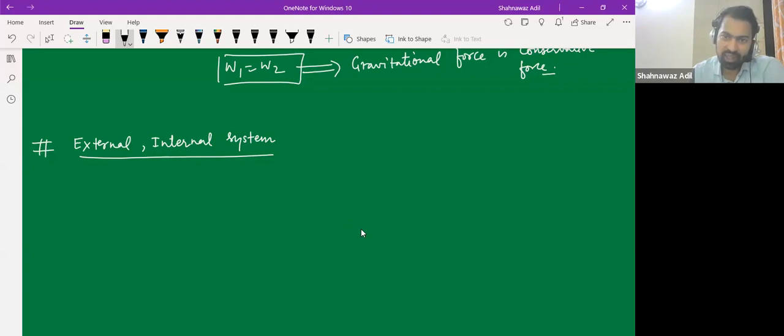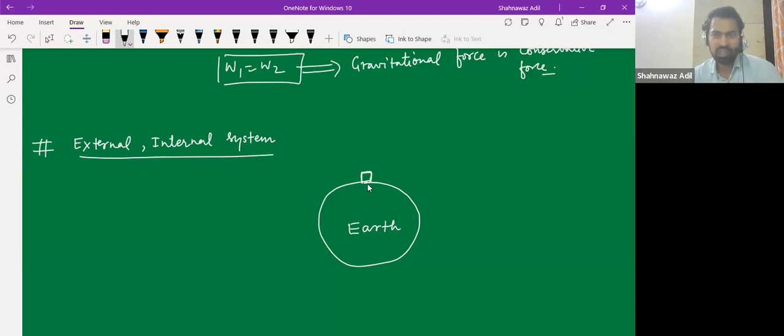Let's say we have this Earth, and then there's this object placed on this Earth. These things are coupled together. So this Earth is exerting some force and this object is exerting some force. So this is an internal system, part of the system, right, everyone?